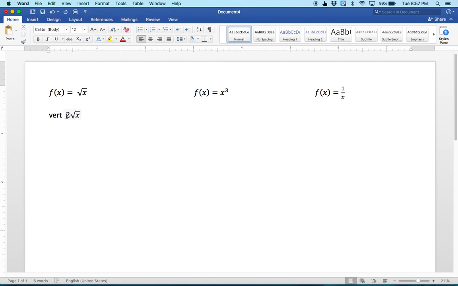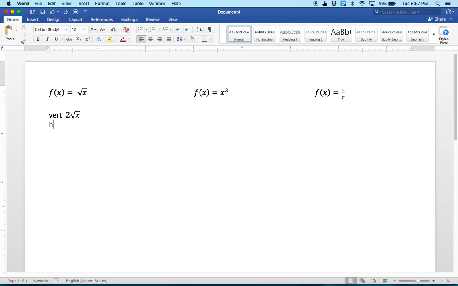So this would be my new function. You'd give it a new name like g of x or something like that. So that would be a vertical stretch. And I know it's a stretch because 2 is bigger than 1. If it was going to be a shrink, it would have to be something smaller than 1, like 1/2 or 3/4 or 0.6, something like that.